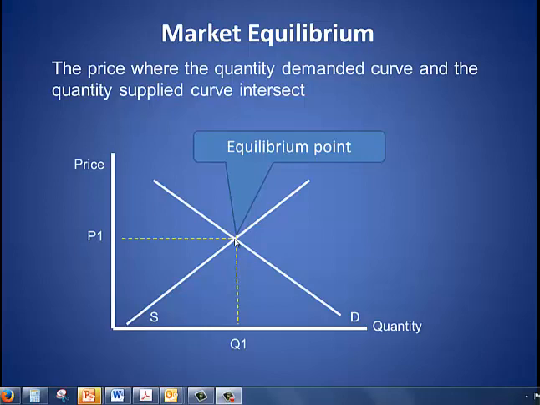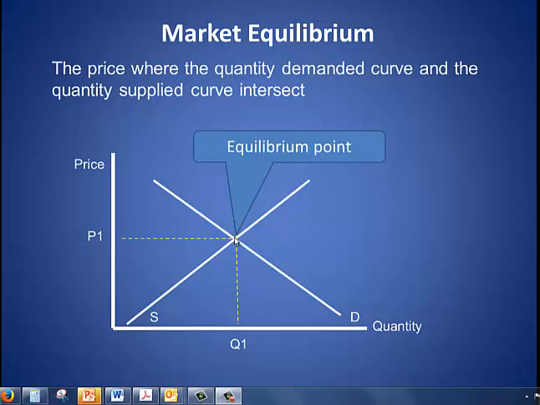So in this case, once we plot the supply curve and the demand curve, at the price of P1 a certain quantity Q1 will be demanded and the market will be at equilibrium. If they're at any other point along those lines, they will eventually go to the intersection of P1 and Q1.